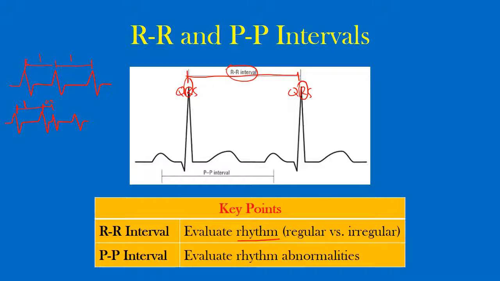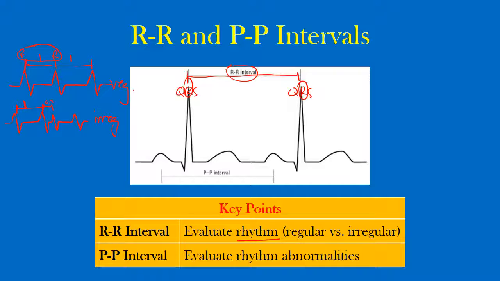Let's label that 0.5. They're not the same. So we would call this second one an irregular rhythm and this top one a regular. We'll get into more of regular and irregular rhythms in future lectures, but just to give you an idea. And it's looking at that RR. So just know that the RR of the QRS complex is called the RR interval.